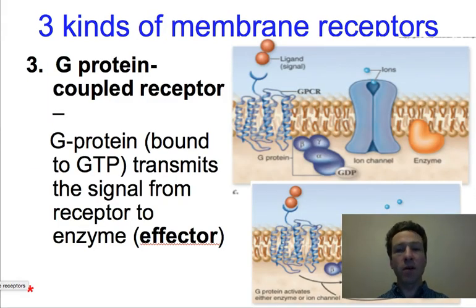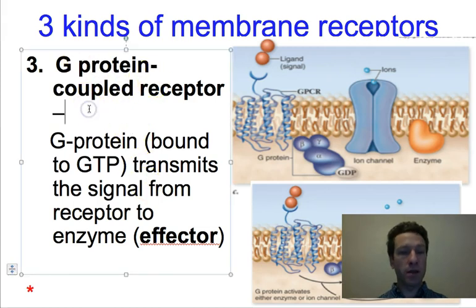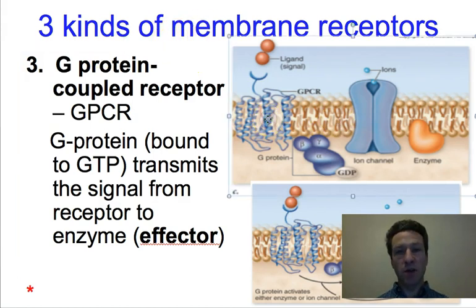The third category is by far the most complicated, and these are G-protein coupled receptors, or GPCRs for short. And a GPCR has multiple pieces to it. First, let's look at the GPCR itself.